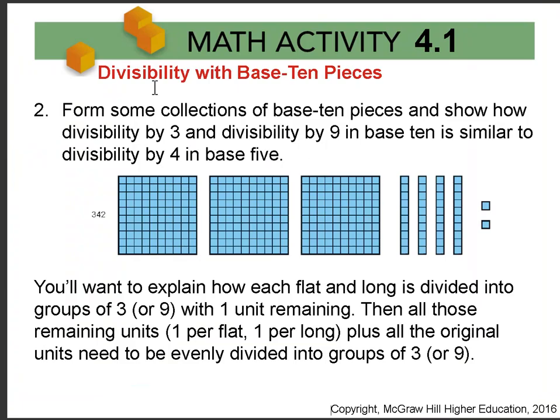So in question 2, you'll want to explain how each flat and long can be divided into groups of 3 or 9 with 1 unit remaining on each of them. This will help you understand the divisibility test for 3 and 9.